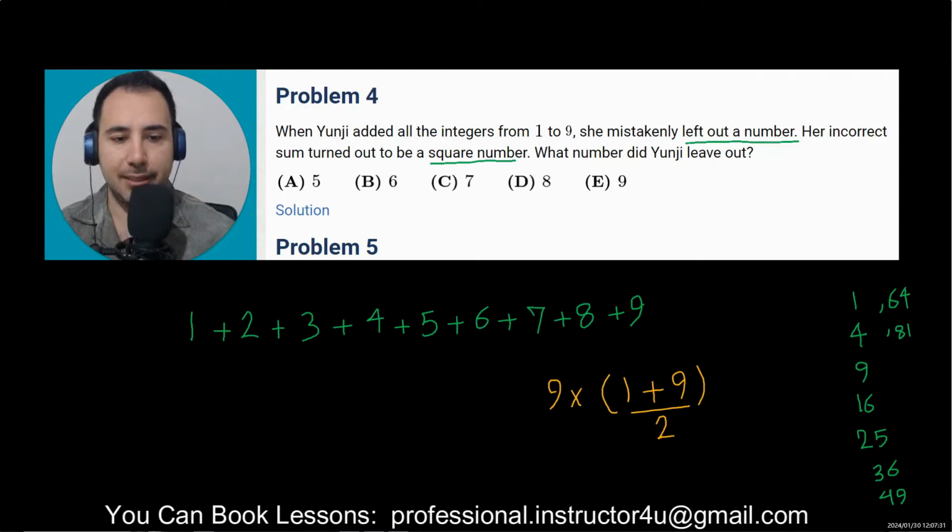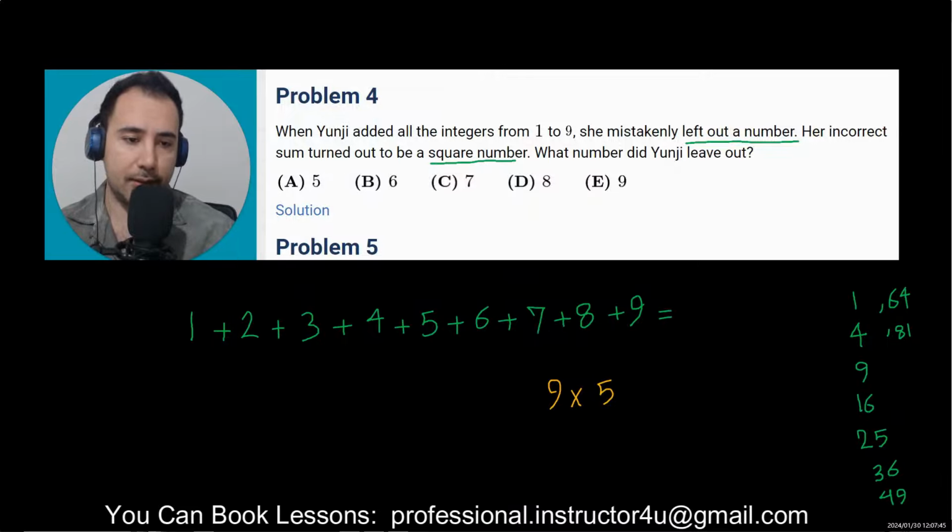So all of this is 5. What is 9 times 5? 45. So when we add all of these together, the sum is 45.